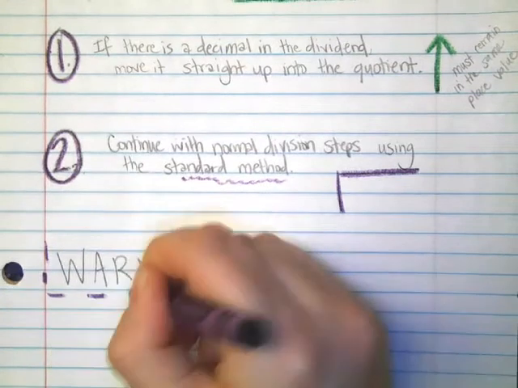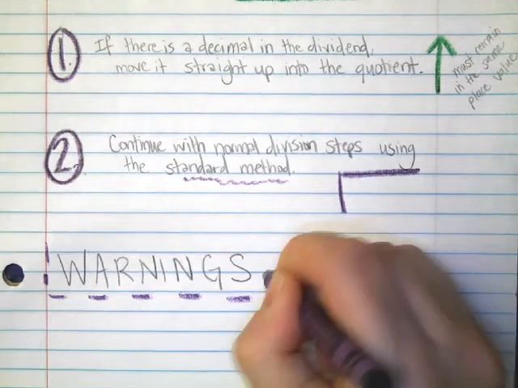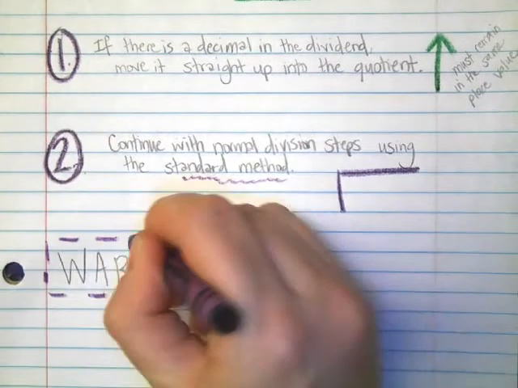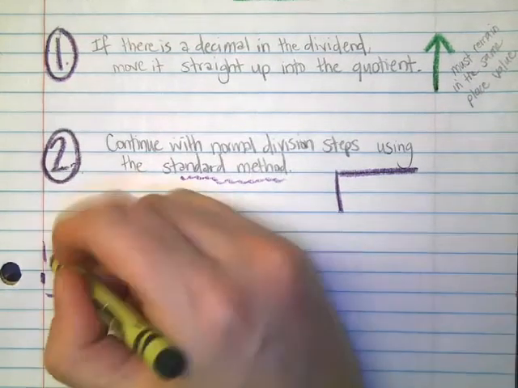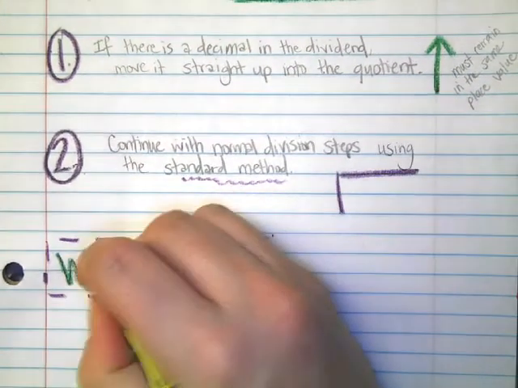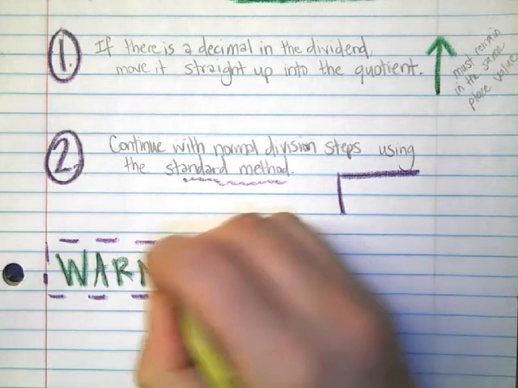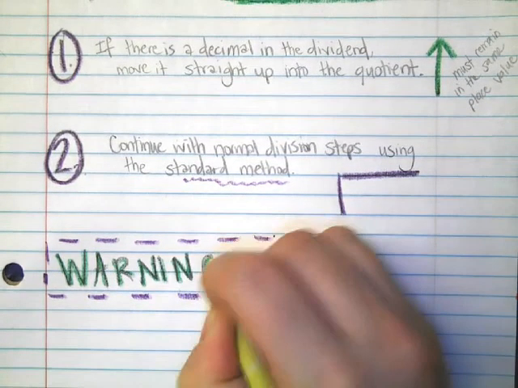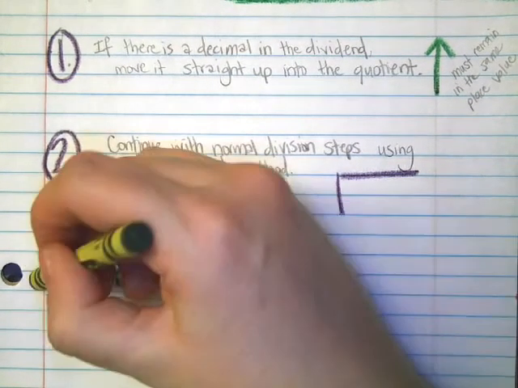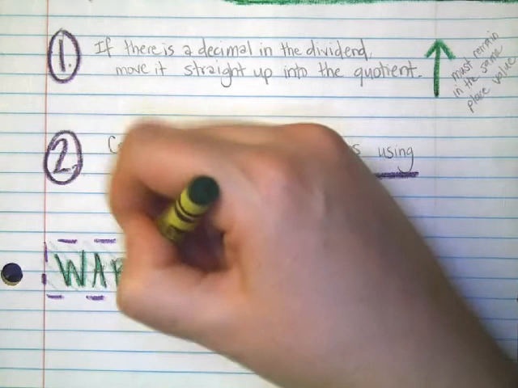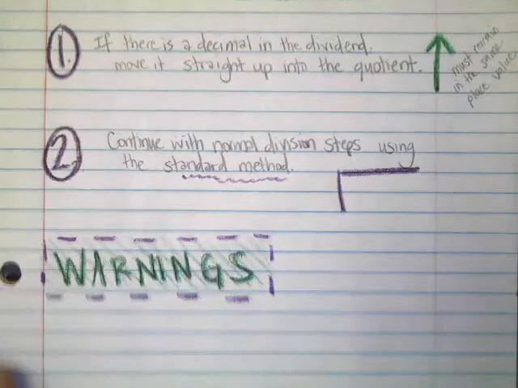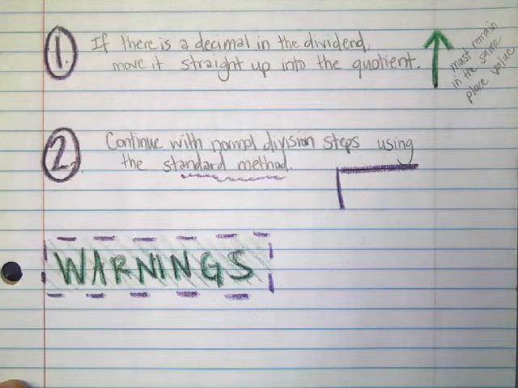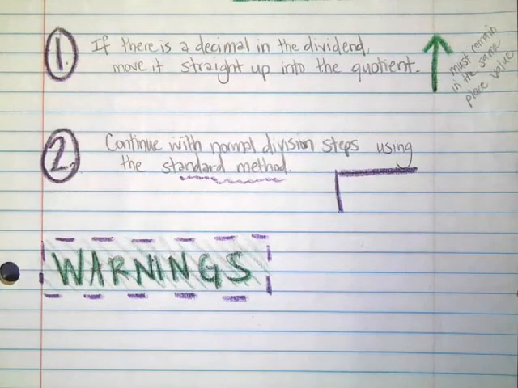And then I am going to make it look like it's a hazard sign. Some things that might come up with division, especially when we're dealing with decimals. I want you to be very, very careful and follow or look for these warnings, okay?